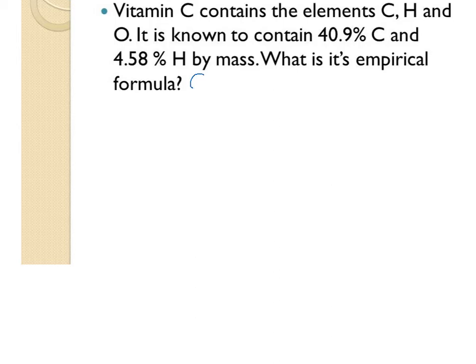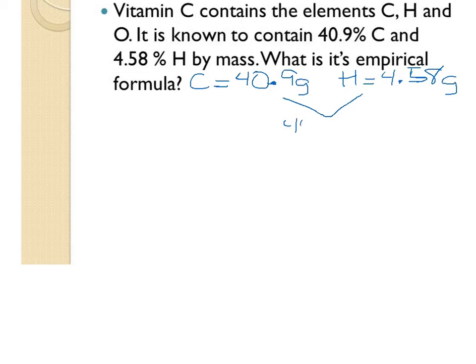So that means our carbon will be 40.9 grams. Our hydrogen will be 4.58 grams. And we don't know what our oxygen is. However, if we add these two together, that will give us about 45.48 grams.